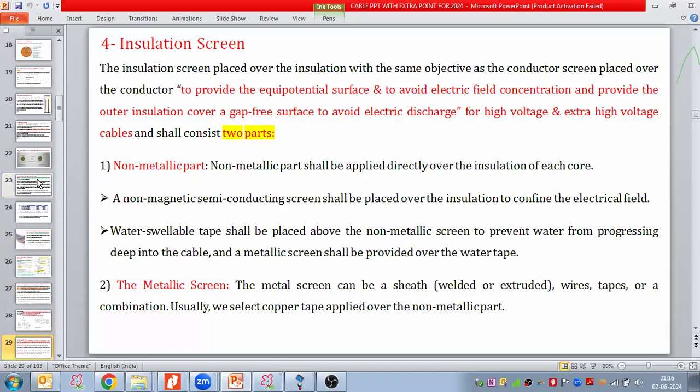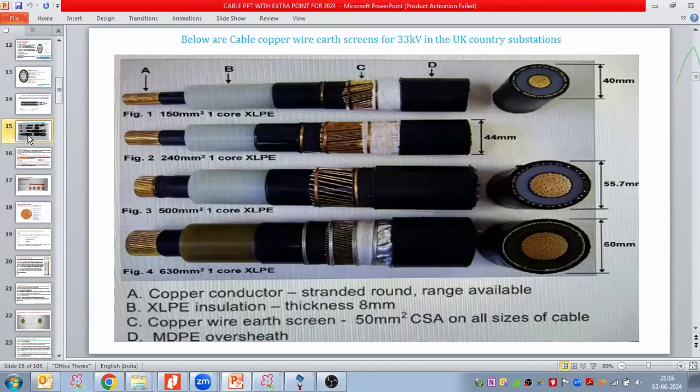So let us see the cable again. Here I'm just taking the main part of the cable. Here we have the conductor. This black one is the conductor screening, and then this one, B, is the insulation. After the B, this black one again is the semiconductive part that we are putting here.